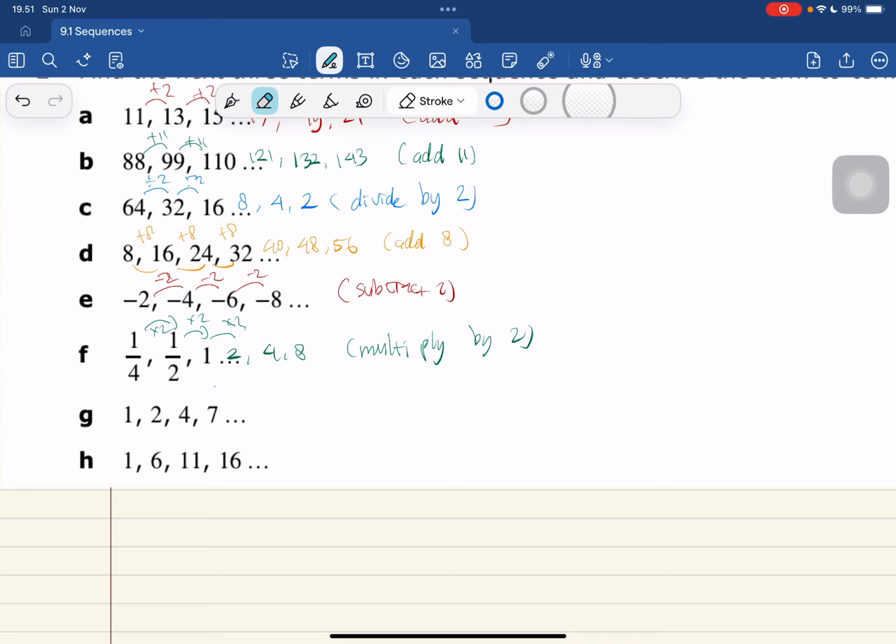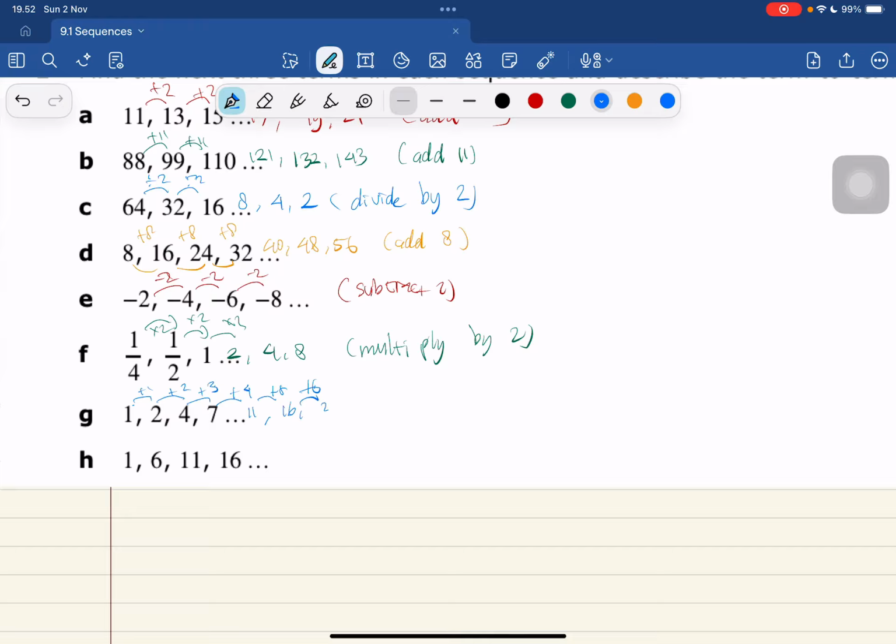So the difference, this is plus 1. This is plus 2. Plus 3. Add 1 each time. Plus 1, plus 2, plus 3, plus 4, which is 11. Plus 5, 16. And then we plus again 6, which is 22.